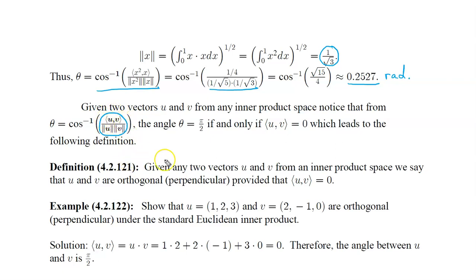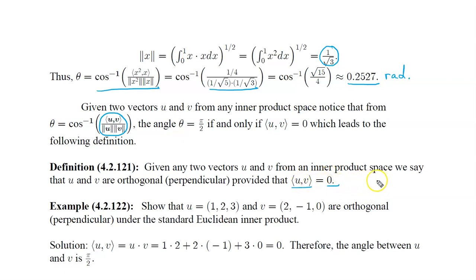And so that leads us to our following definition down here, just like we had for dot products. Given any two vectors u and v from an inner product space, we say that u and v are orthogonal or perpendicular if the inner product of u with v is equal to 0. And that's it. That's all we have to do.